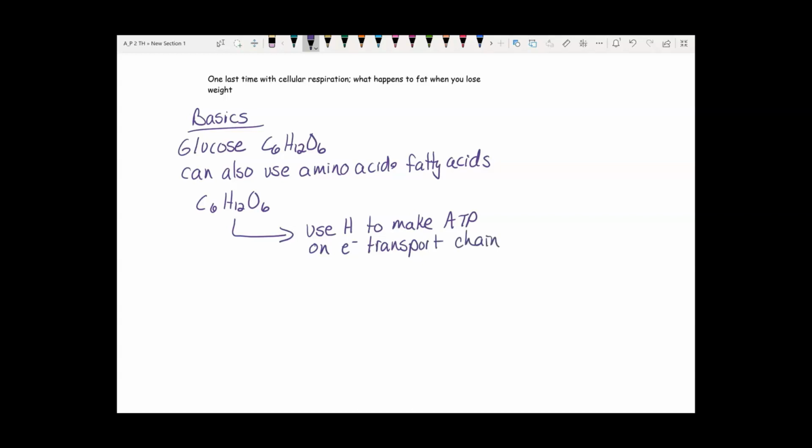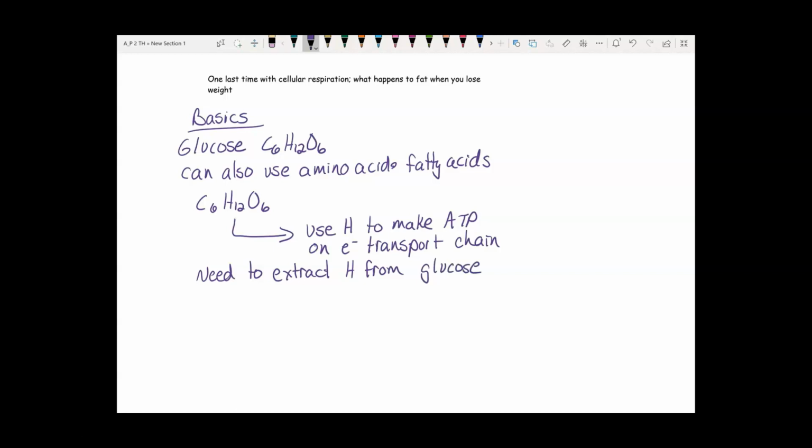So the main idea is to get that hydrogen extracted out. And that's what you do in the first two steps.